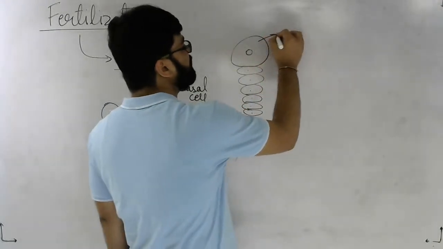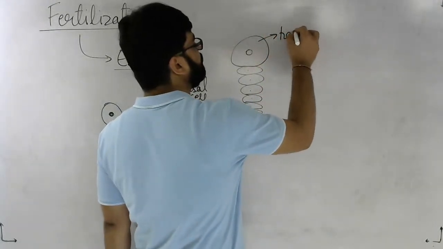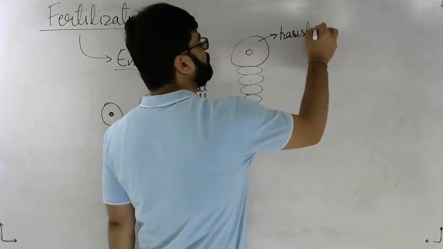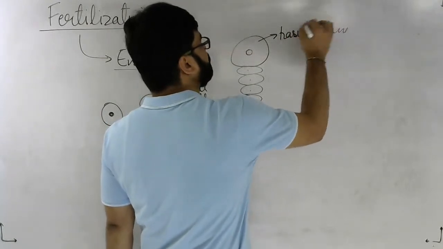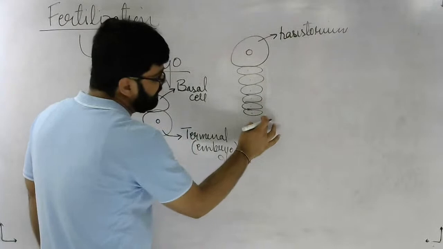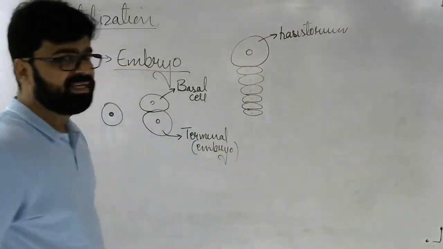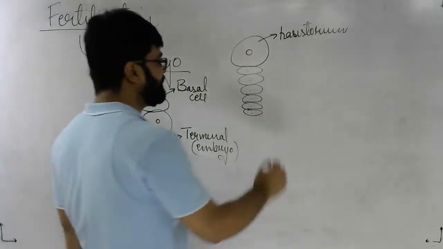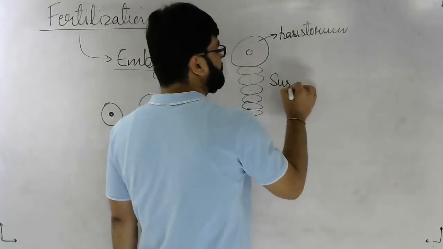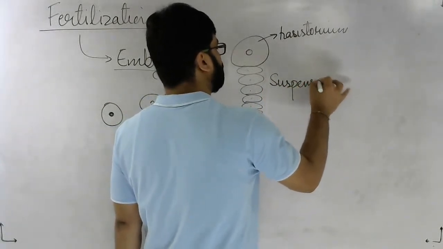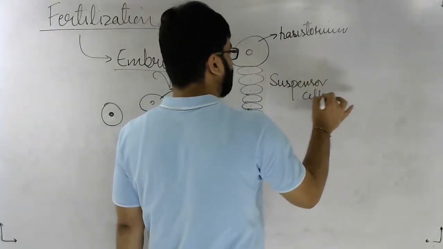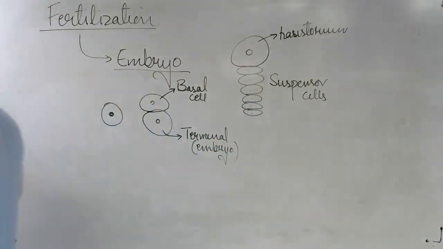This is known as haustorium. All right, and this line of cell is known as suspensor cells. Okay. Now, at the base, there present the terminal cell.